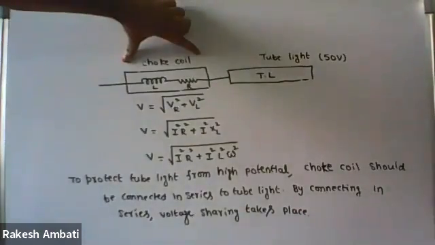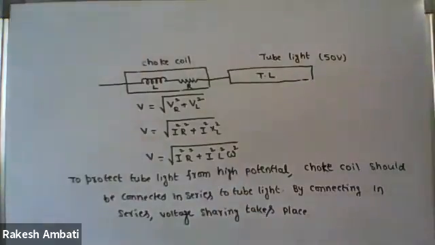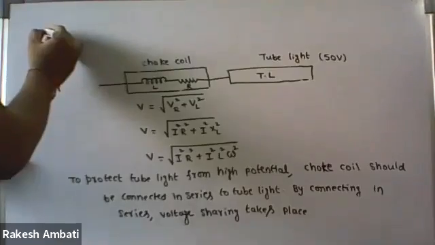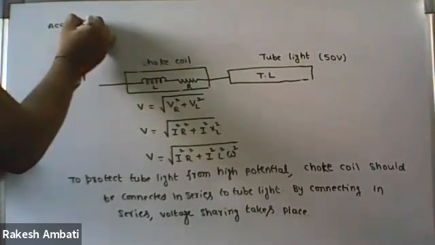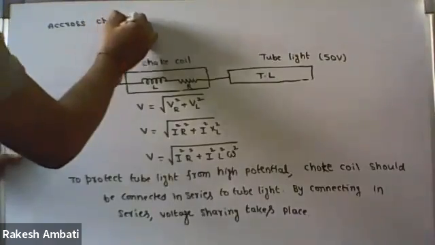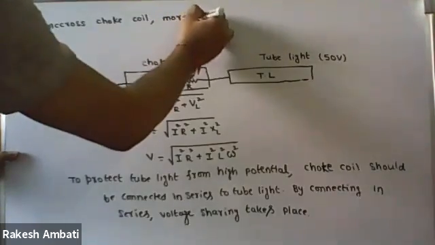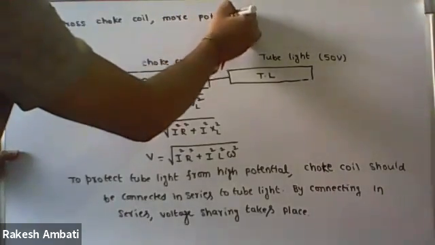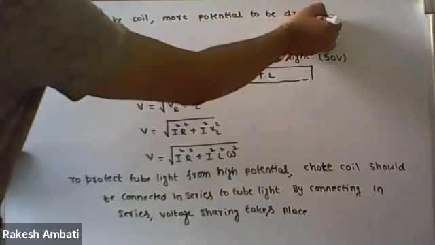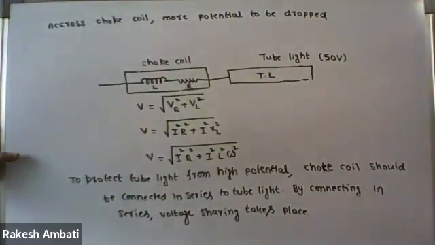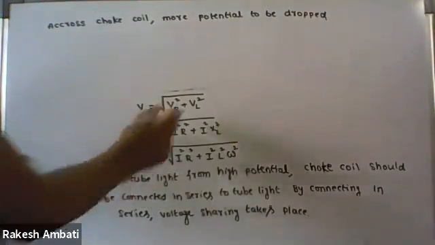But across the choke coil, more potential is to be dropped, correct? Yes. Across the choke coil, more potential to be dropped. Therefore this potential V should be more.